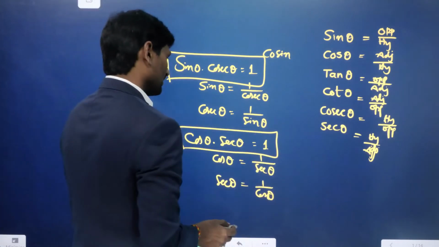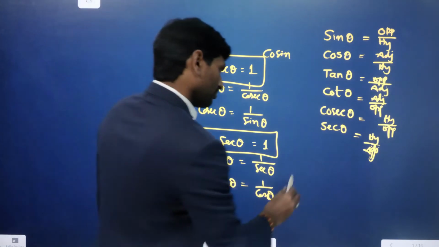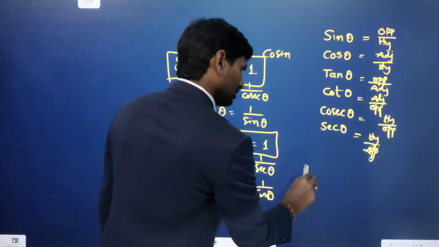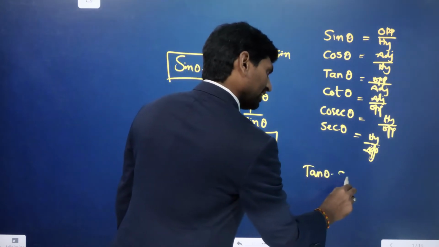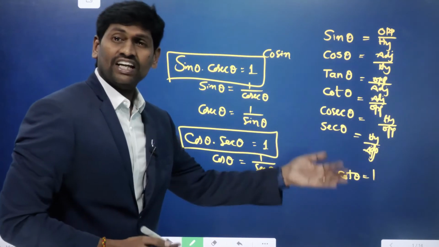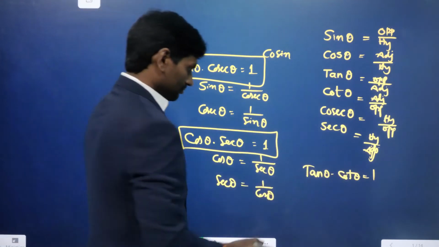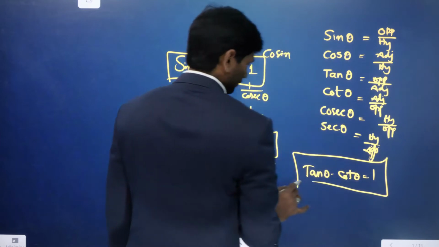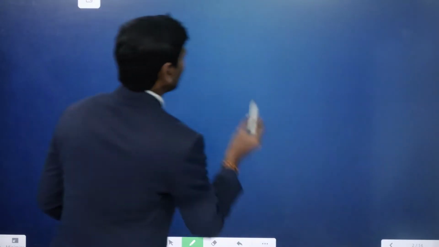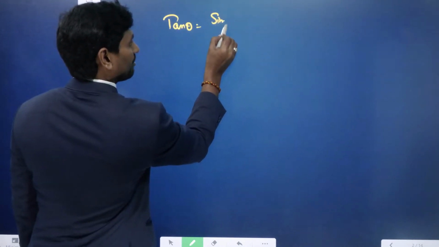Third one is tan theta into cot theta equals 1. So tan theta equals 1 by cot theta, and cot theta equals 1 by tan theta. These are the reciprocals.